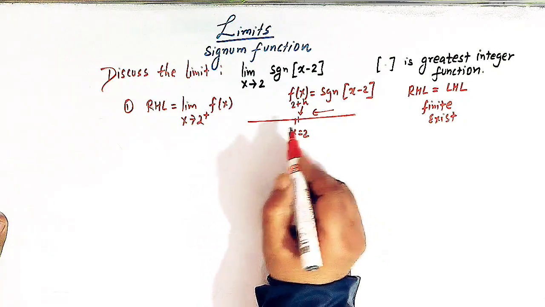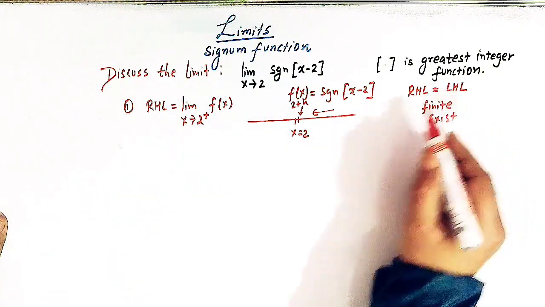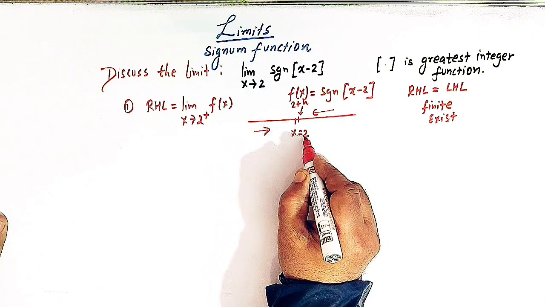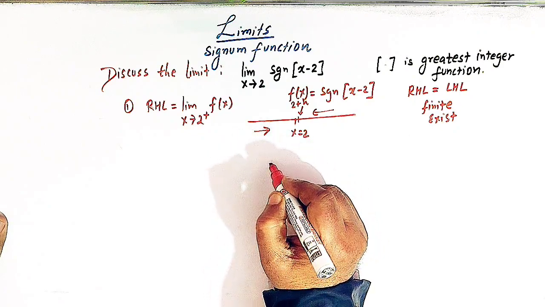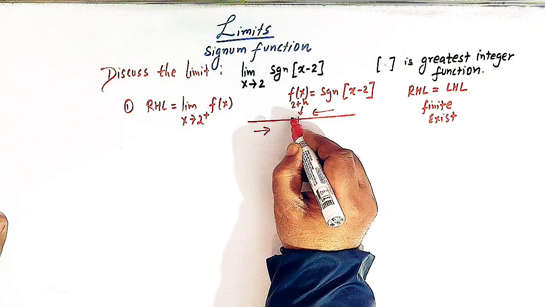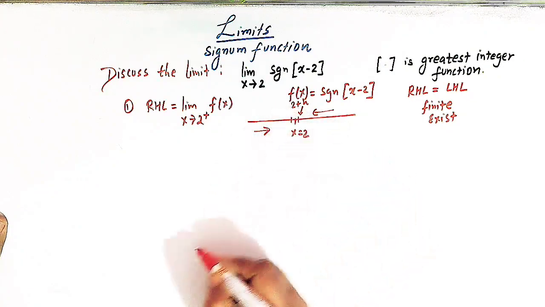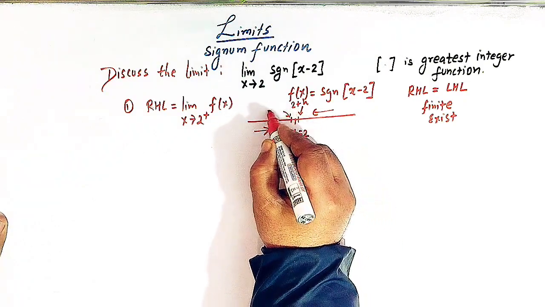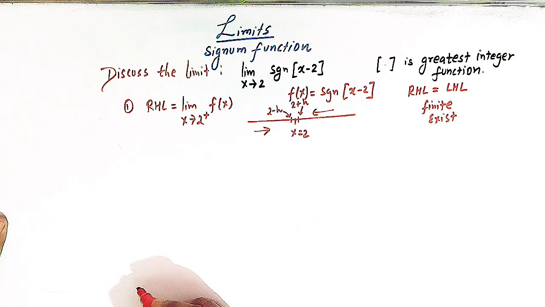And when we find out the left hand limit, then we approach towards x is equal to 2 from the left of x is equal to 2, and we take a point in the left neighborhood of x is equal to 2, and this point is 2 minus h, right?